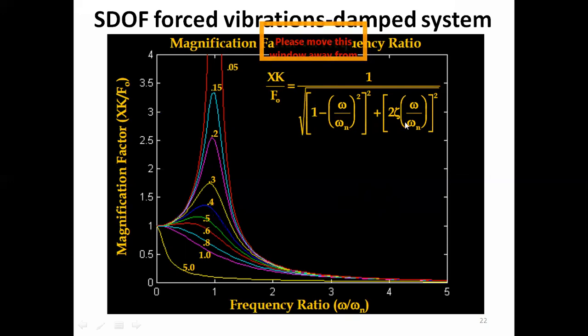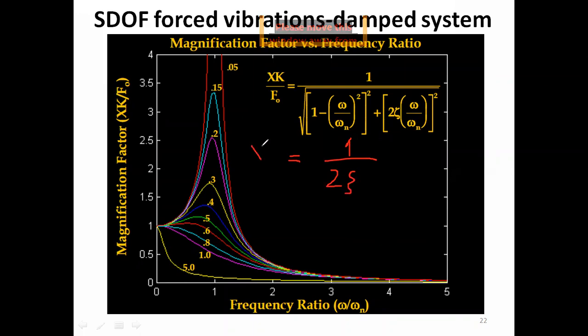And if you look here, omega by omega n is 1, and then we would have 2 zeta whole square under the root. After applying the root, the equation for the magnification would become 1 over 2 zeta.